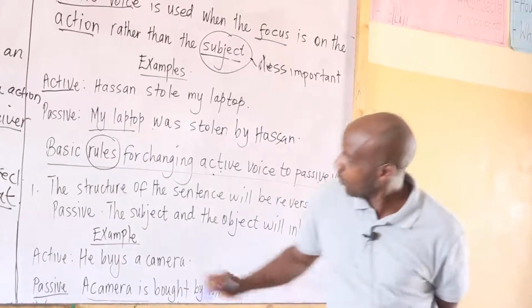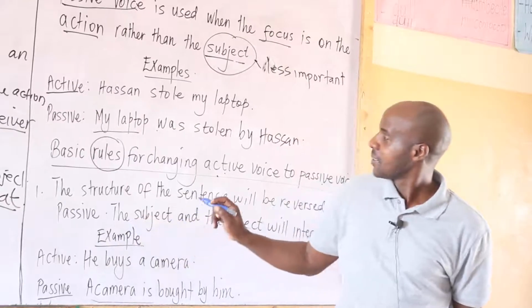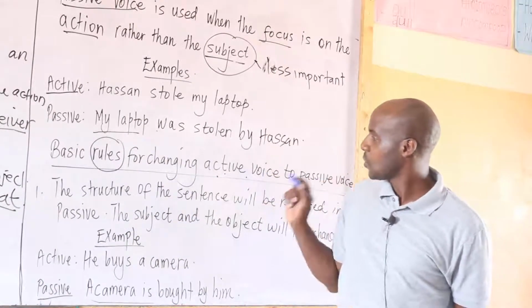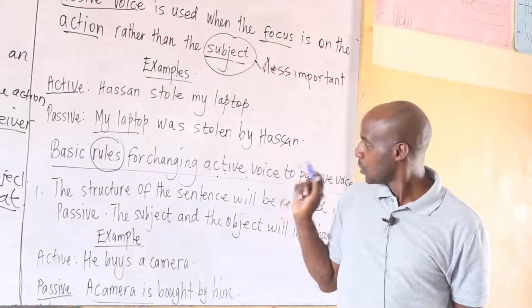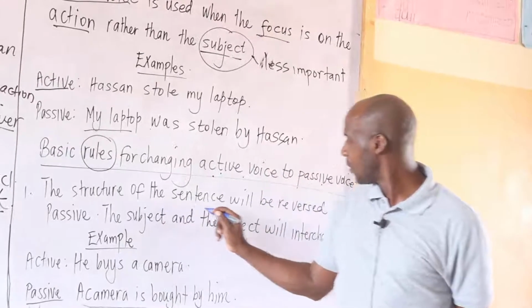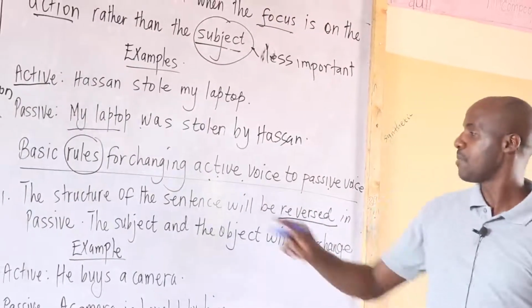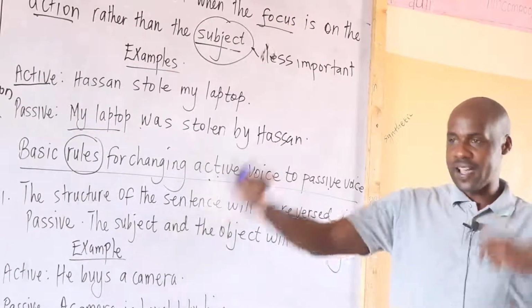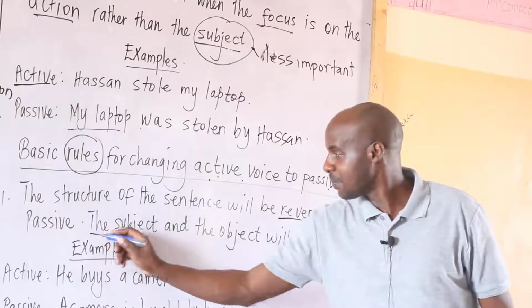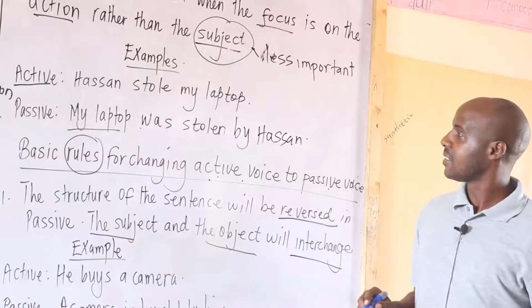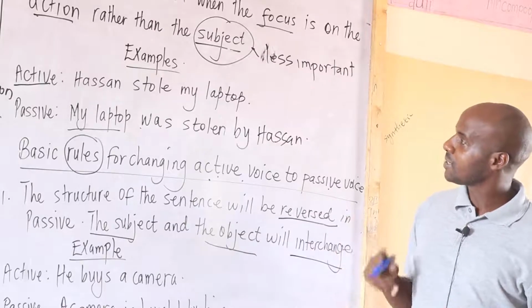Now, rule number 1: when you are changing active voice to passive voice, you have to know that the structure of the sentence will be reversed in passive. Reverse means the subject and the object will interchange.